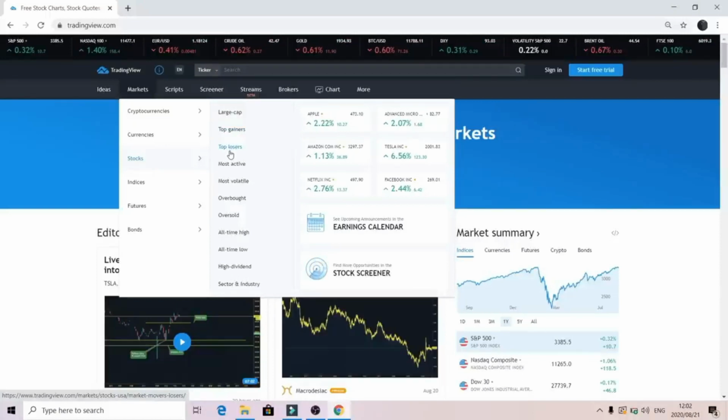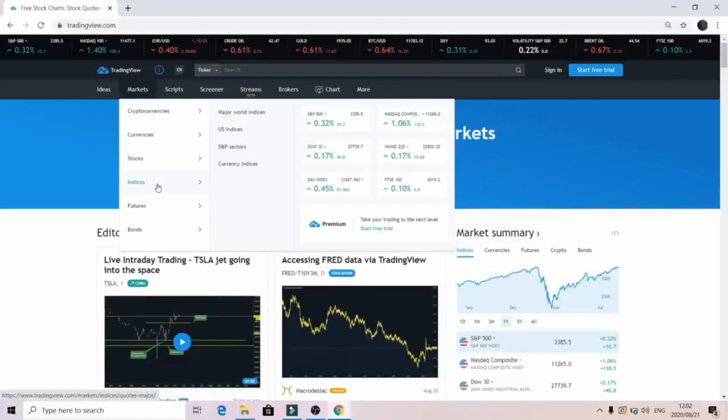So that is what this platform is all about. It tells you everything you need to know about the charts. And also indices. Indices, as we know, we have major world indices, which is NASDAQ, S&P 500, Dow Jones, Nikkei, FTSE, DAX index, etc, guys. So this is a way you can just give it a clear look at what you want to see.